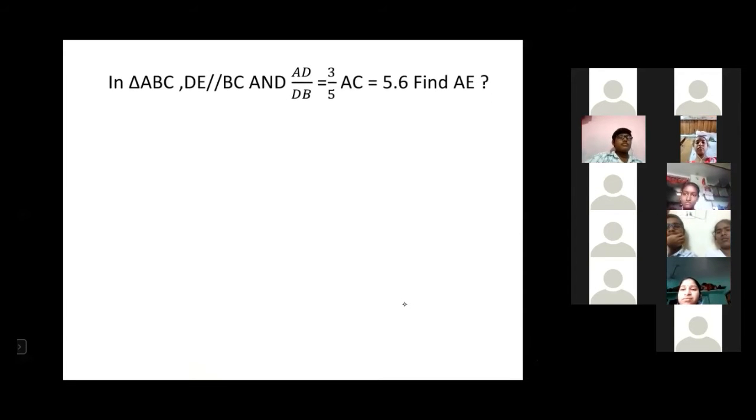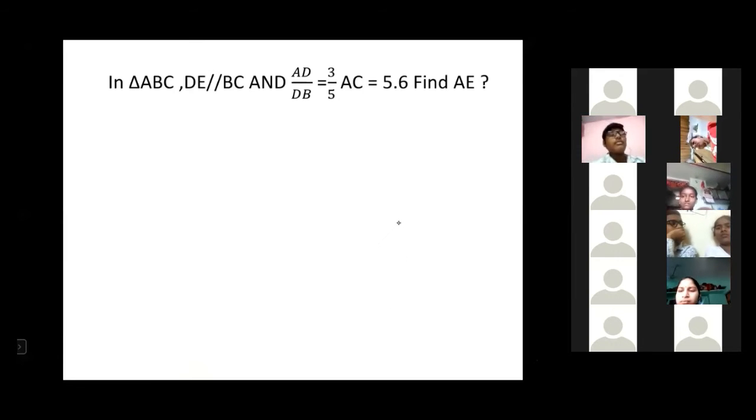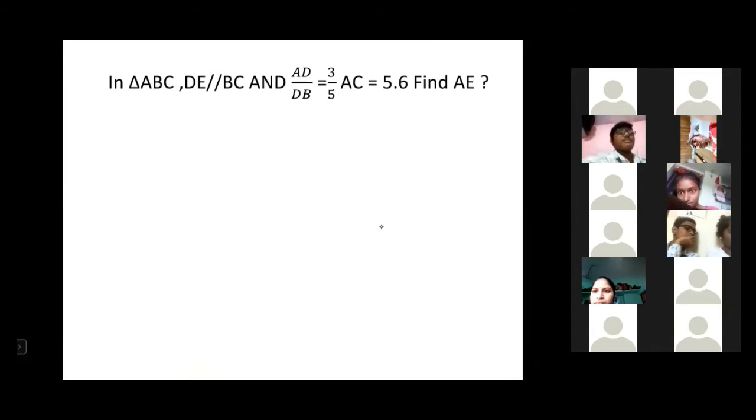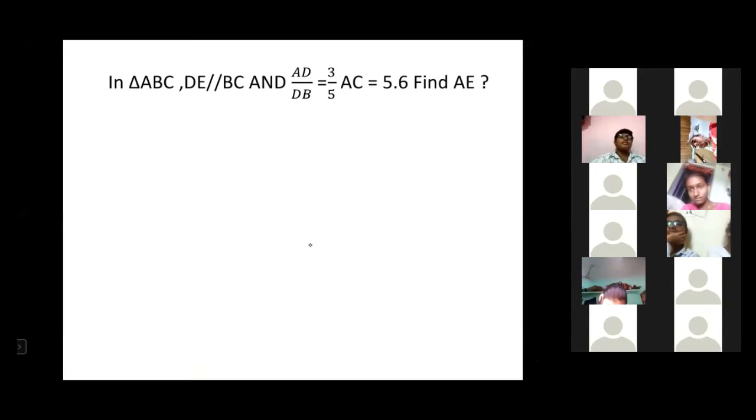Okay, let us take one problem. In triangle ABC, DE is parallel to BC and AD by DB is equal to 3 by 5 is given, and AC is equal to 5 by 6.